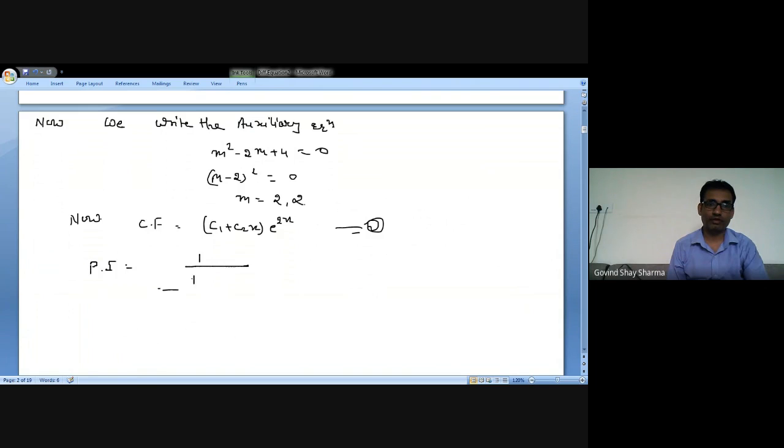For the PI we have D squared minus 2D plus 4 applied to e to the power z.